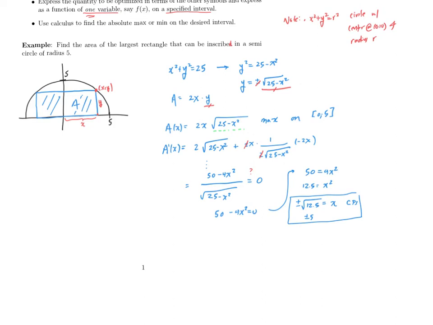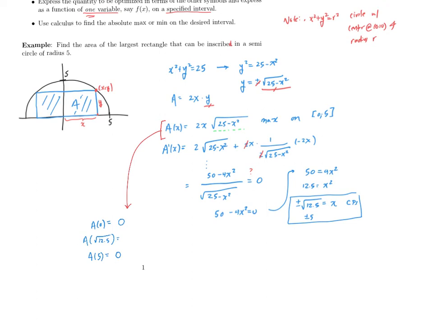So now that we've determined our critical points, we need to evaluate the function at a few locations. We need to know what is the value of the function at the endpoints of that interval, and what is the value of the function at any critical point in between. So if we substitute into our original function A of x 0 or 5, we automatically get back 0.